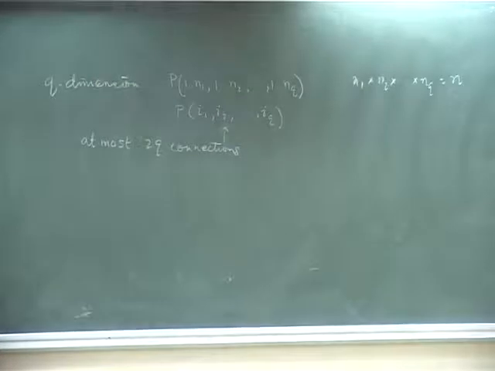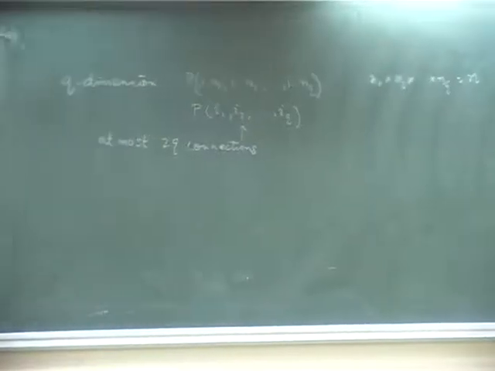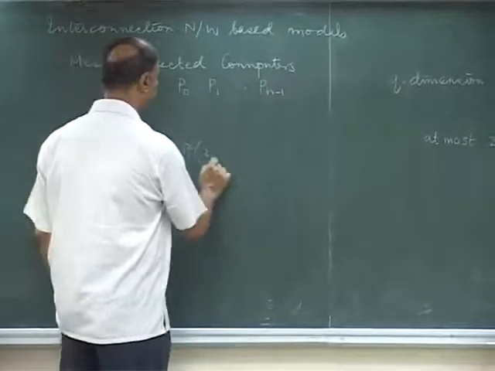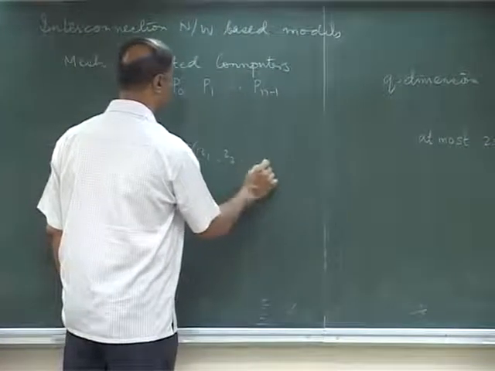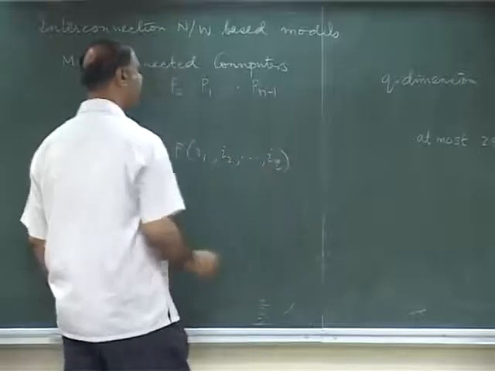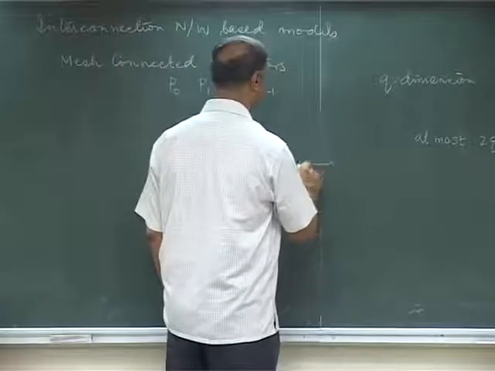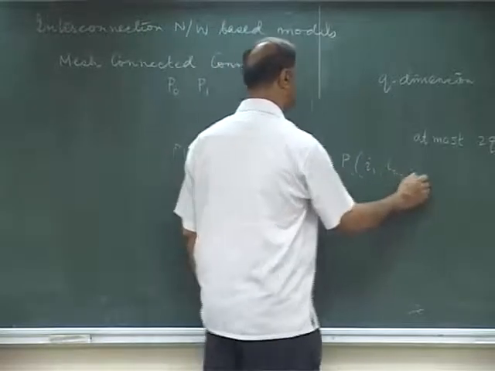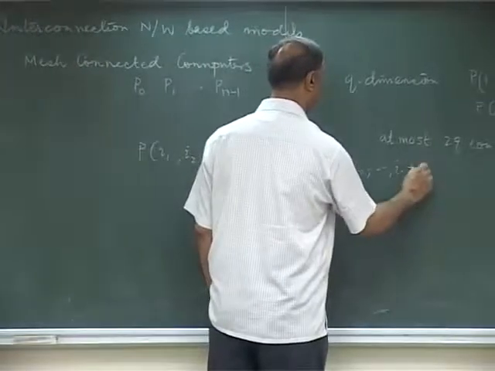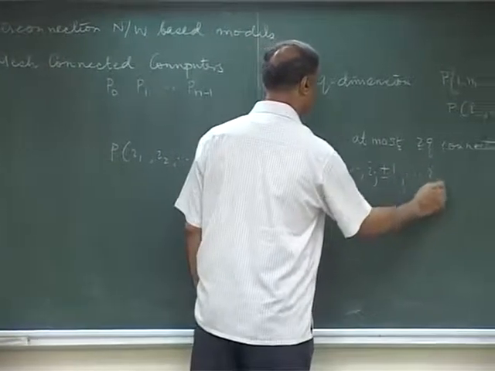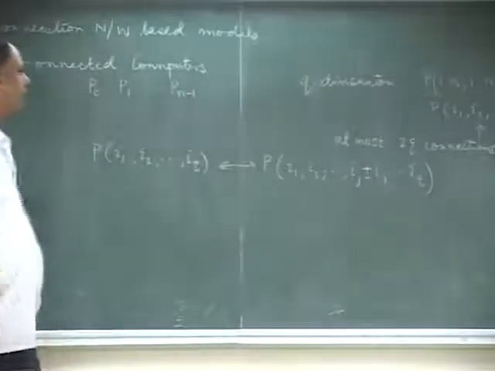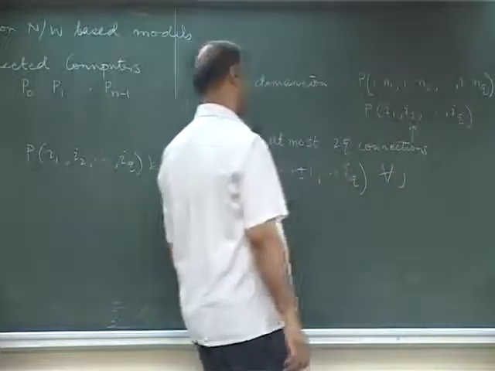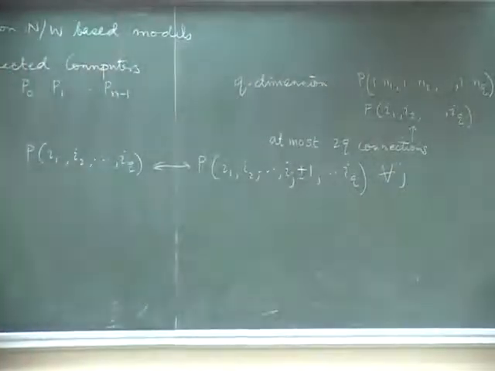That is, P(i1, i2, ..., iq) is connected with P(i1, i2, ..., ij plus minus 1, ..., iq), for all j, j equals 1 to q.